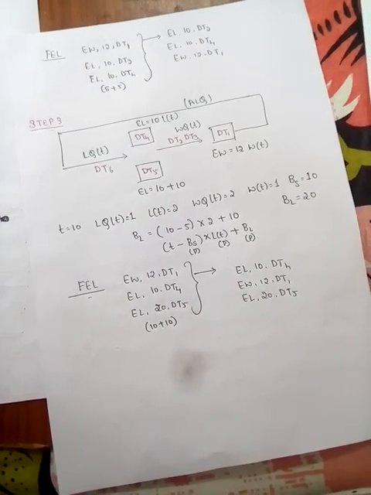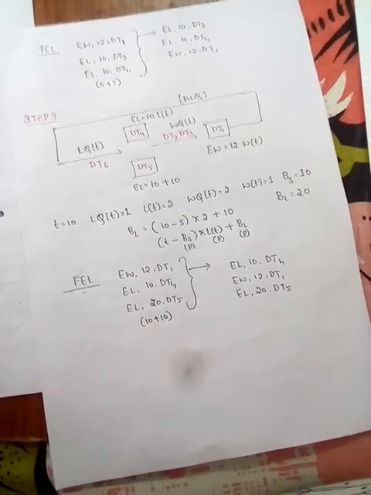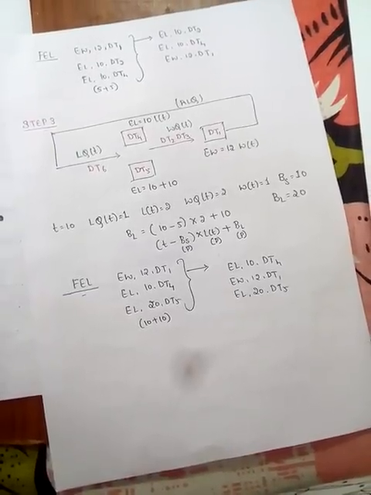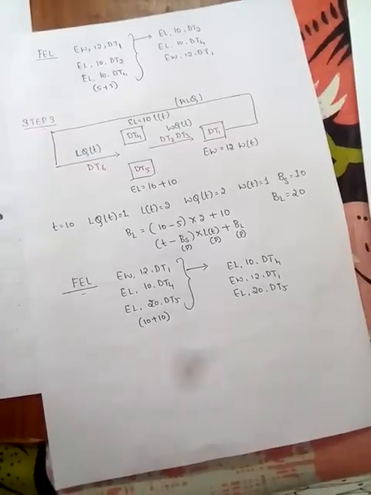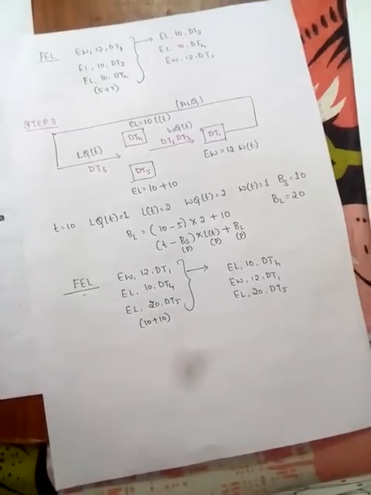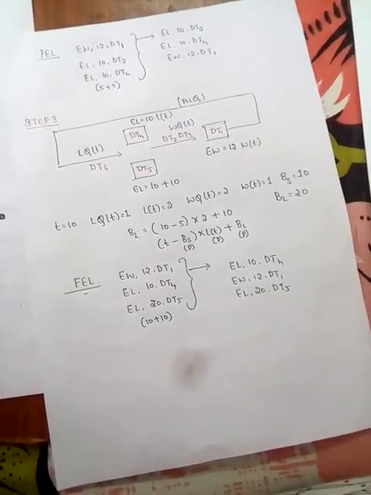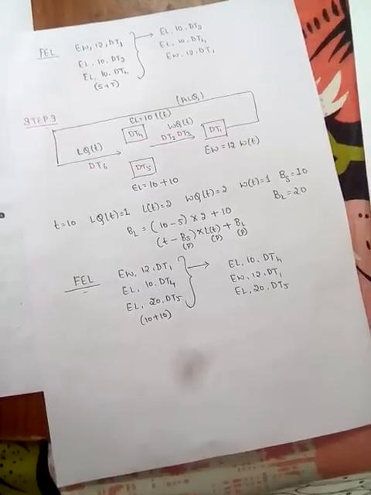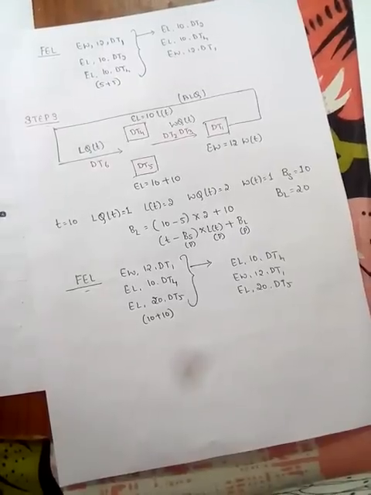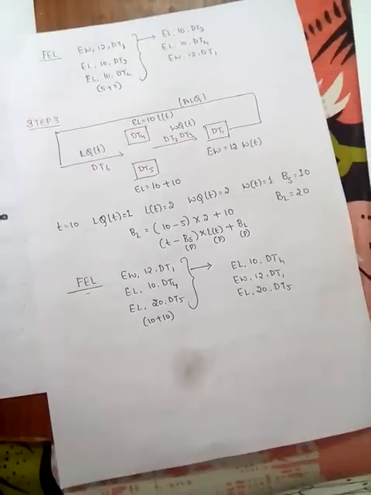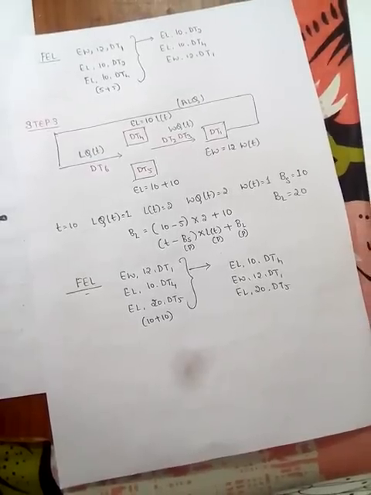After this process, we have to write the future event list. The future event list first will come from DT1. The DT1 value is EW, 12, DT1. Next, the truck is DT4: EL, 10, DT4. The next truck is DT5: EL, 10 plus 10, 20, DT5. We will arrange that from minimum value to maximum value.